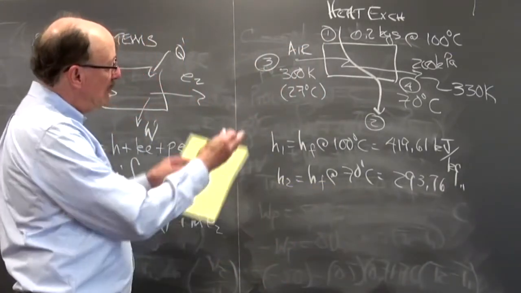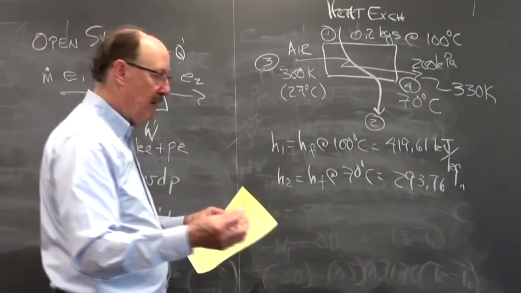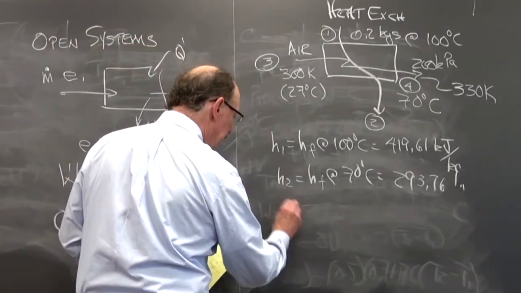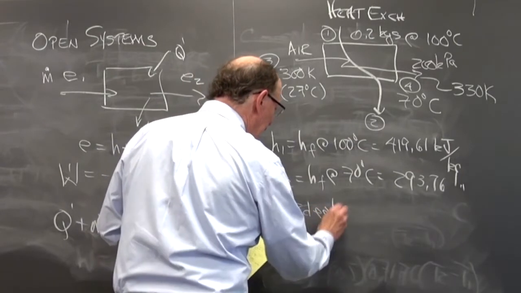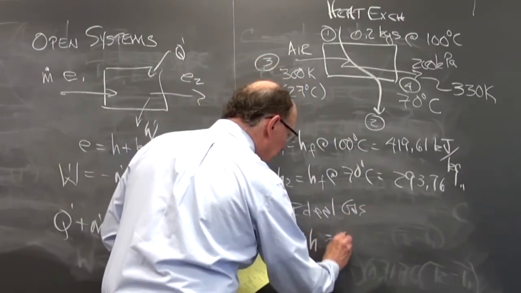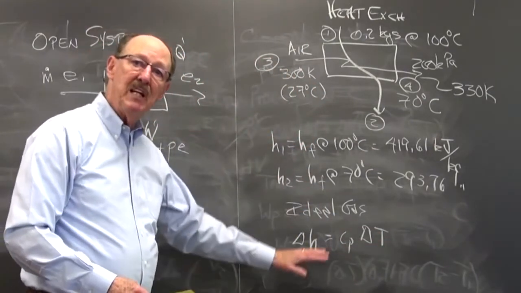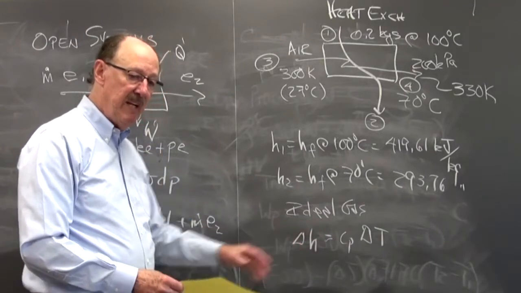And now, so we've looked these up, and we know that for an ideal gas, delta H is equal to C sub P delta T. So we have our equation of state for an ideal gas for the change of enthalpy.